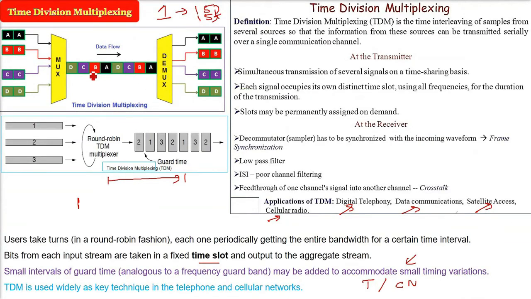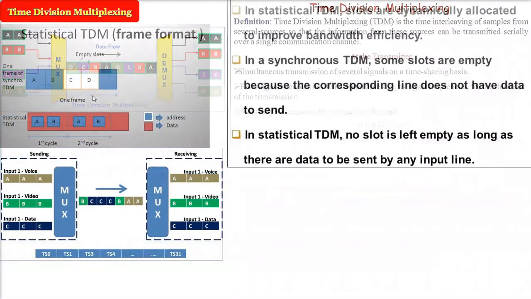That is the round robin. Again D, then C, then B, then A. The sequence will remain the same. The ABCD combination will not be there. Always DCBA, DCBA, DCBA, and all of them will have equal time, using the whole channel for that particular time.